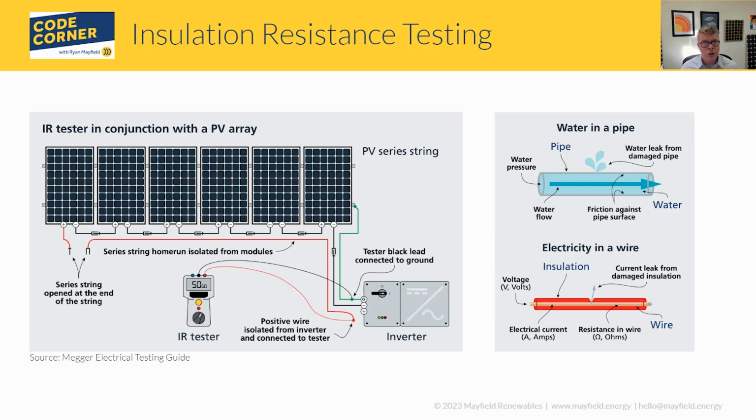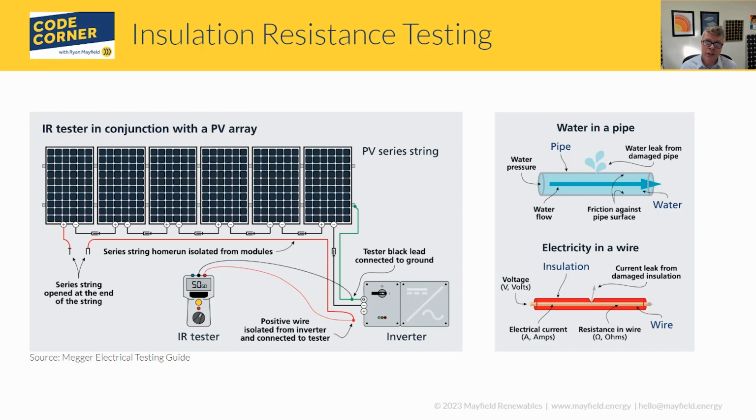An insulation resistance tester will inject voltage into your conductor. On the left-hand side, we have an illustration where the tester is connected to the positive conductor. In this case, just the positive home run is being tested, and you can disconnect that. The tester is going to inject that conductor with voltage, pressurize it, and put a higher than normal voltage on it.